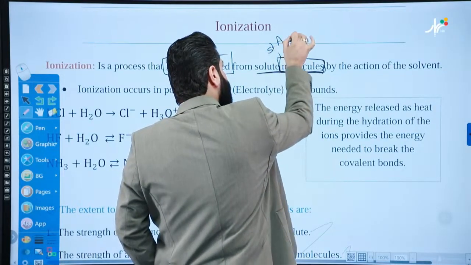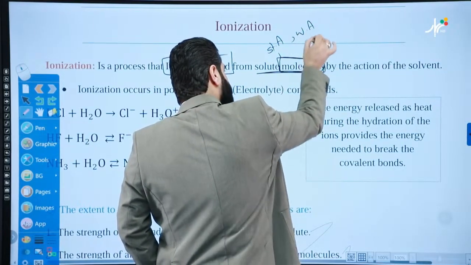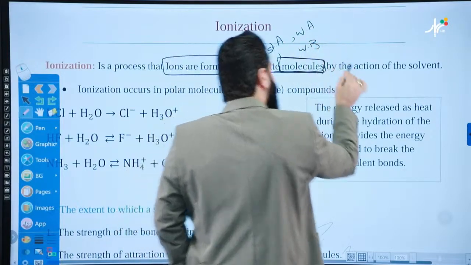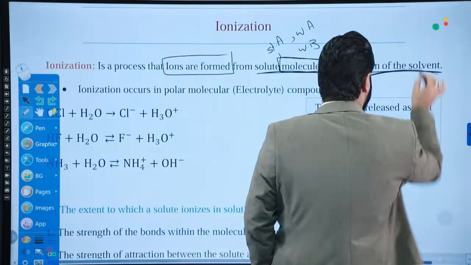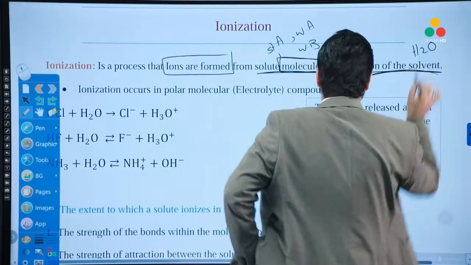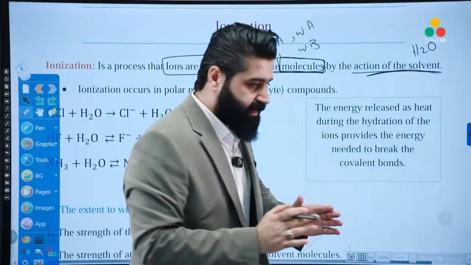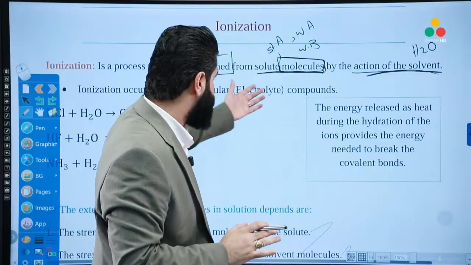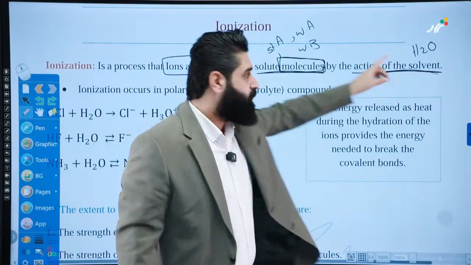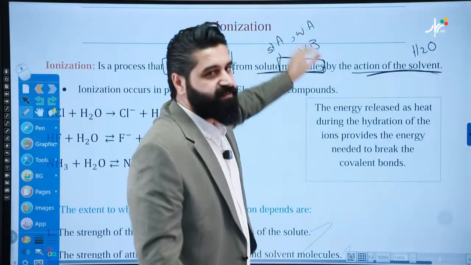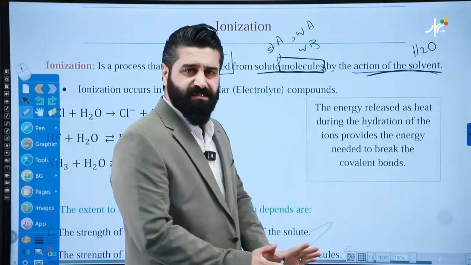Strong acid, weak acid, weak base, by the action of solvent. What's the solvent here? H2O. So if I say, which of the following can form ions by the action of H2O? Strong acids, weak acids and weak bases.